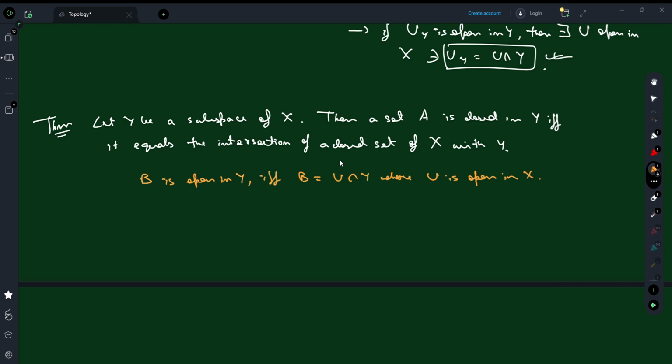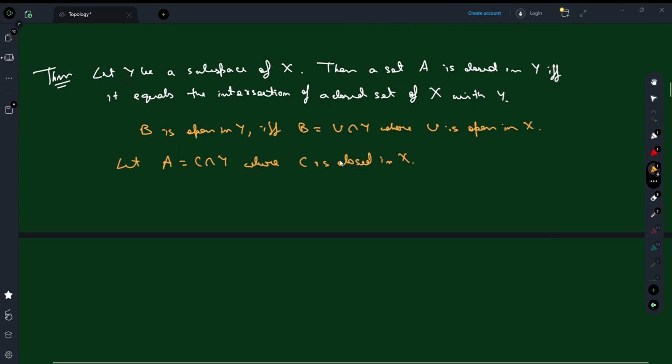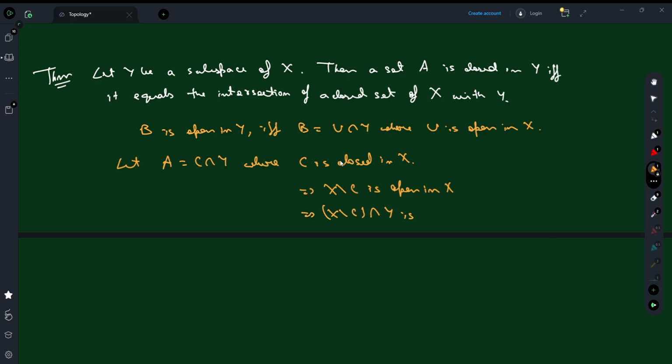Okay, first we assume that a set A is the intersection of a closed set of X with Y. So let A be given as C intersection Y, where C is closed in X. Now, if C is closed in X, then X minus C is open in X. But if X minus C is open in X, then we can say that X minus C intersection Y is open in Y. But what is X minus C intersection Y?